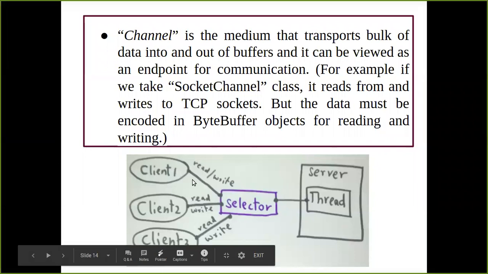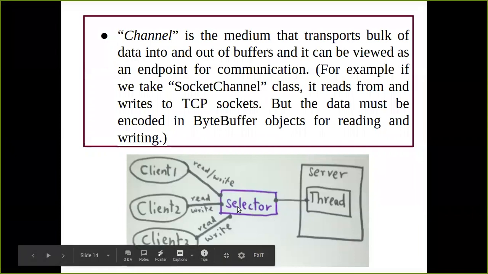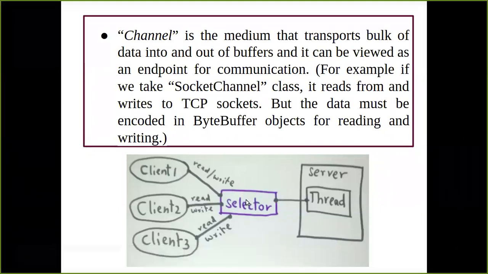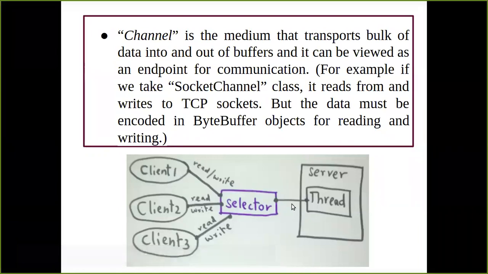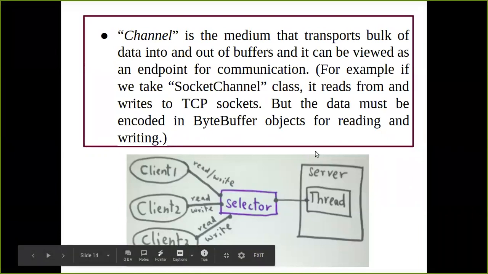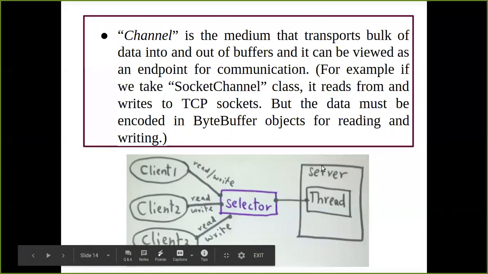Now there is another term, another technology you can talk about: the selector. This selector is going to sit between your client and the server. If you remember, in blocking IO we had a server socket inside the server, which was responsible for listening to requests coming from the client. Here we're not going to have anything inside the server, but between your client and the server we'll have a selector.